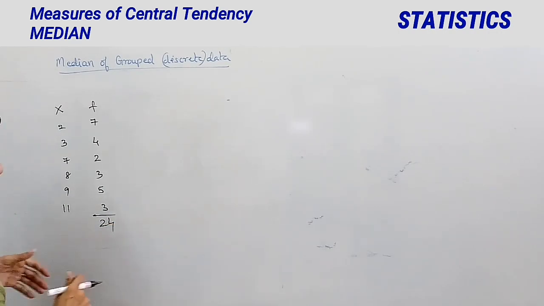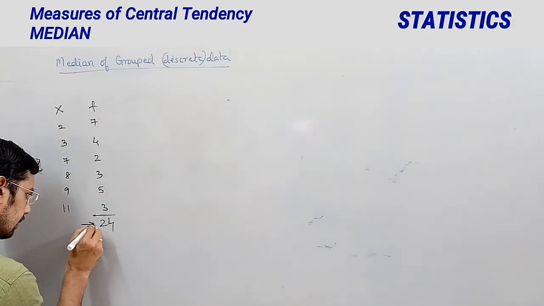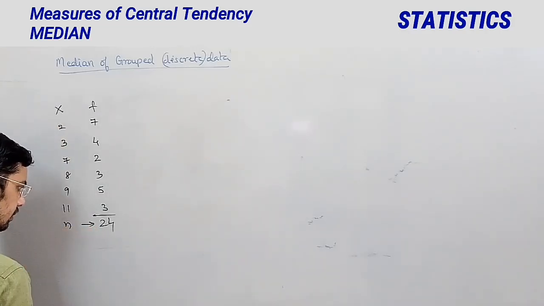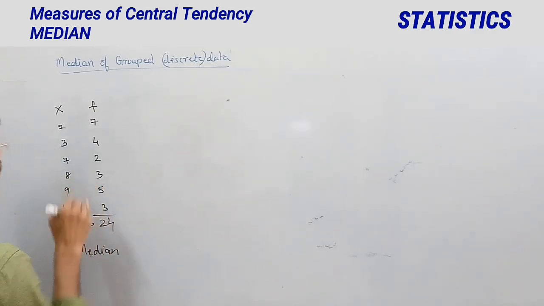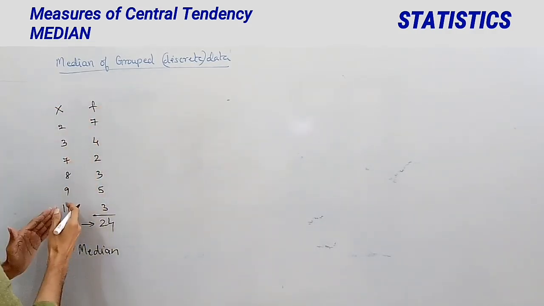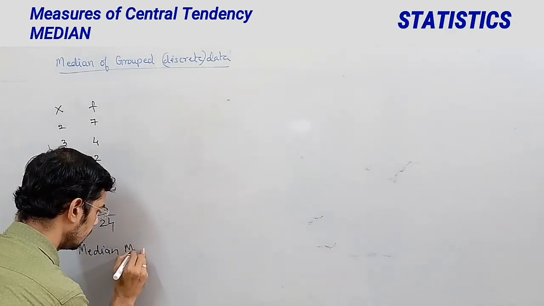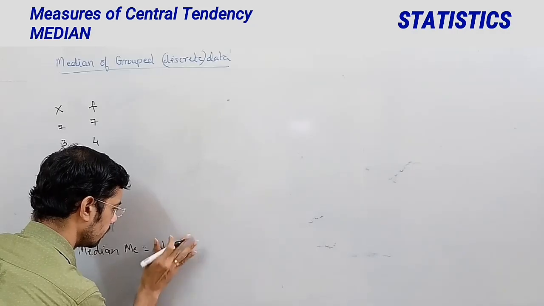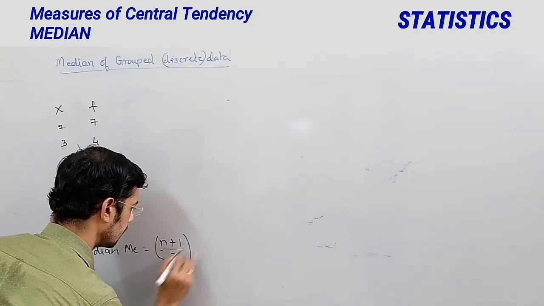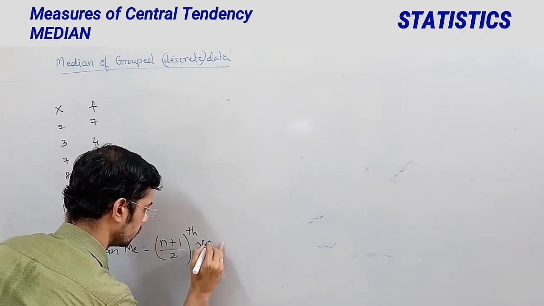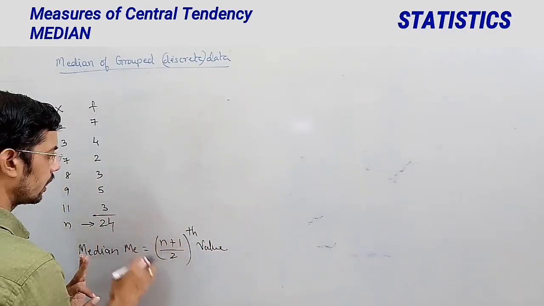How to find out the median? Median is the n plus 1 by 2th value, where this is n. What kind of observation is this? This is discrete but grouped. So median ME will be equal to the n plus 1 by 2th value. How to locate this value?